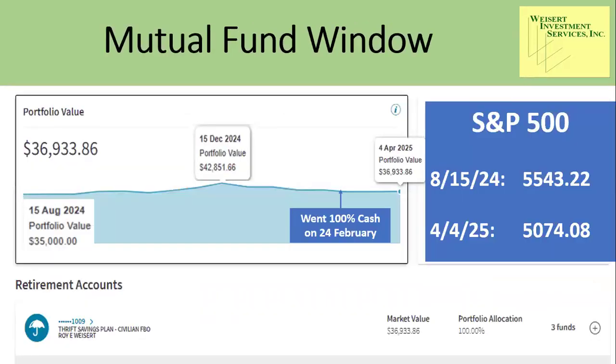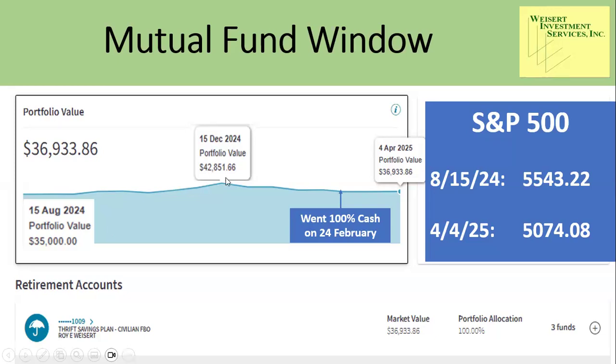Okay, mutual fund window. That's right. We started this in the middle of August 2024, so we're starting to get some runtime in it. This is my mutual fund window within the Thrift Savings Plan, and the initial value was 35K that we went into it with.